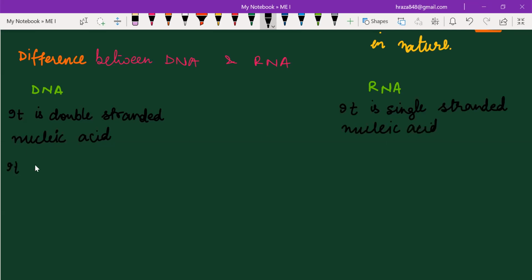Next, DNA contains deoxyribose sugar. RNA contains ribose sugar.